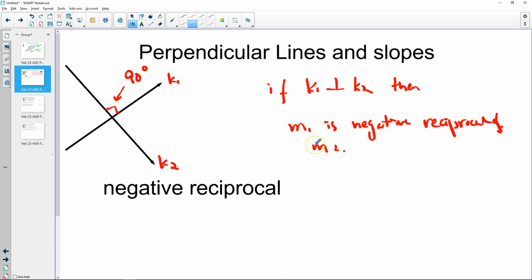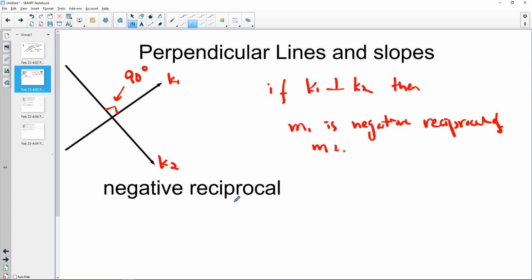These two numbers have this nice property called negative reciprocal. So let's just tell you what negative reciprocal means. There are two operations here. The first one is putting the negative in front of the number. Reciprocal basically means you are flipping the fraction upside down. You swap the numerator and denominator of your fraction.